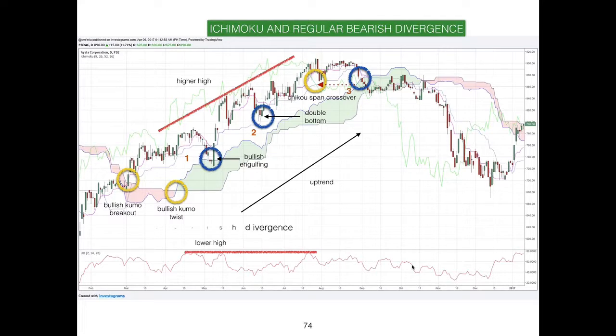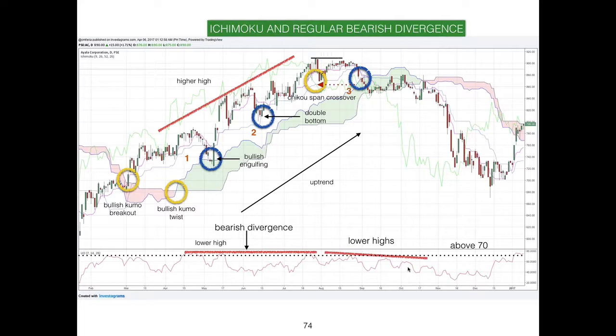So this was your first probability booster that this would be a successful breakdown. There was a bearish divergence. That bearish divergence was also above 70 and it made lower highs from there. So this satisfies the conditions for a bearish divergence on ultimate oscillator.